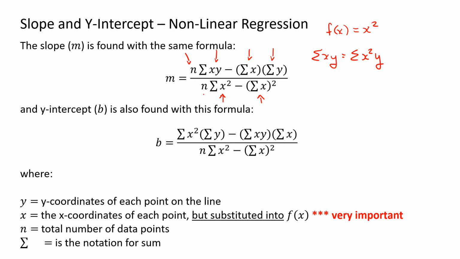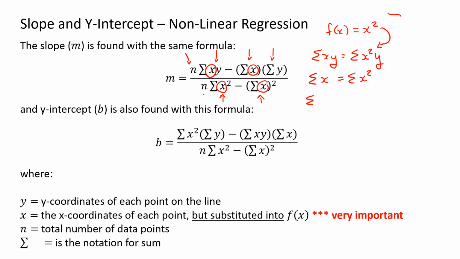So I write the formulas the same, I just want you to understand that you have to substitute in whatever your f of x function is for each value of x. So for instance here, our sum of x becomes the sum of x squared terms, right? Because our x term is actually x squared in the equation.